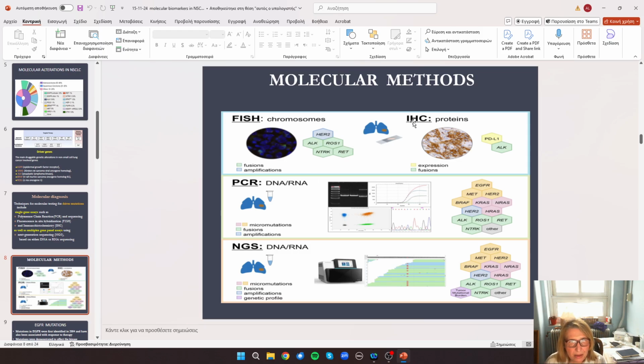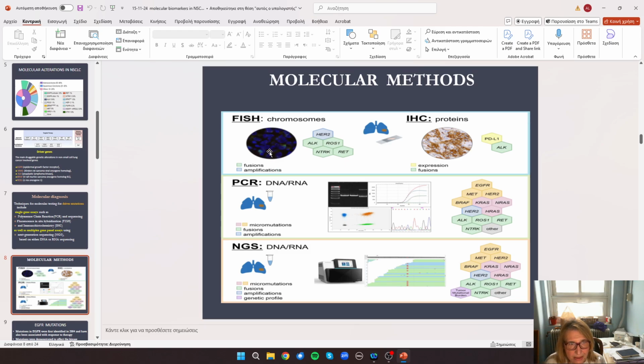FISH and immunohistochemistry are morphological molecular methods. We can see the alterations of DNA or RNA, or proteins at cellular or tissue level with the aid of microscopes.